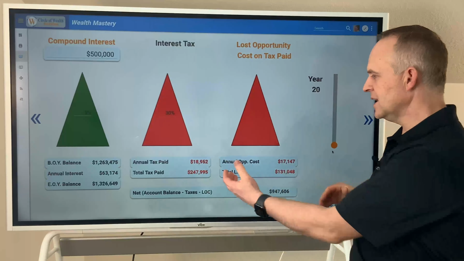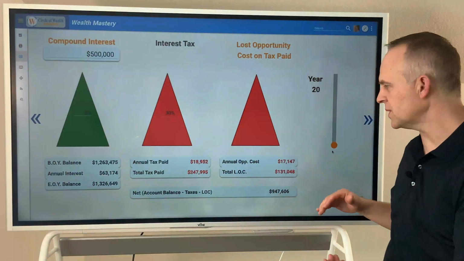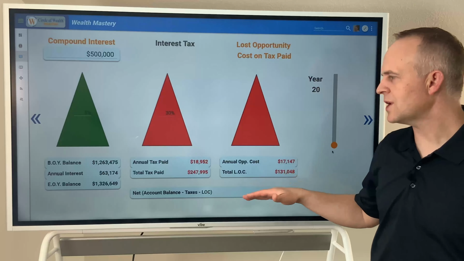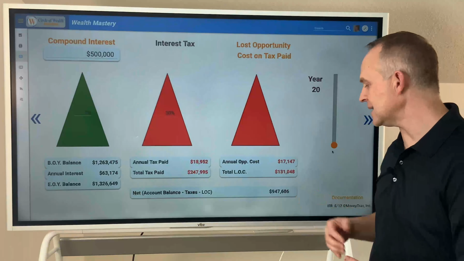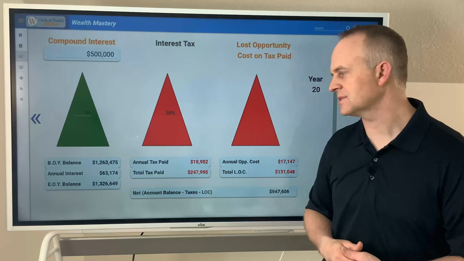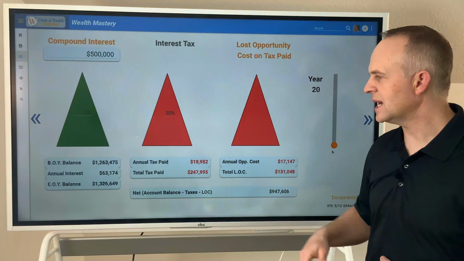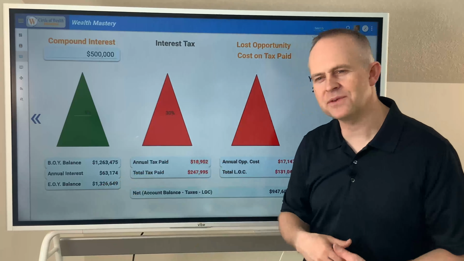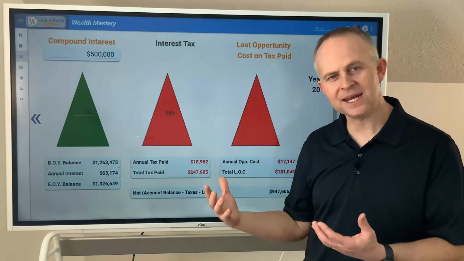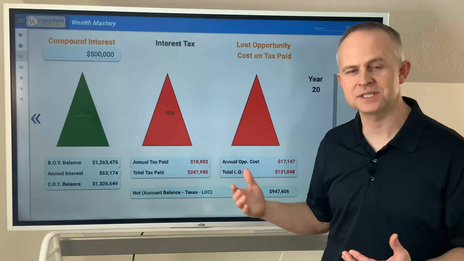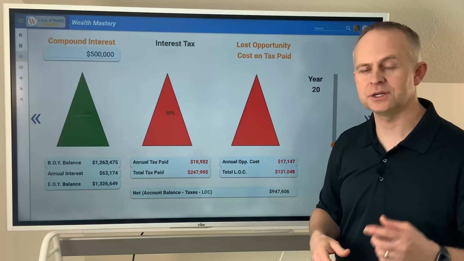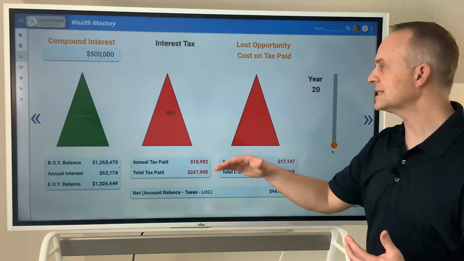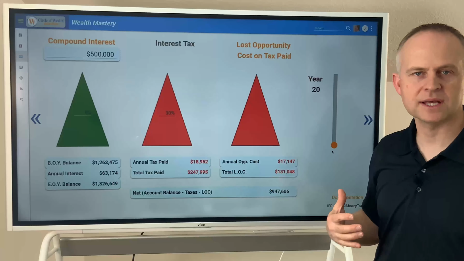So if we take the $247,000 plus the interest that we could have earned, and we subtract that from the $1.3 million, the reality of it is that the net is more like $947,000, right? Because it's not really $1.3 million. We've got to factor in the money that we paid out of our pocket for taxes all those years, and we've got to factor in what that money could have earned all those years. Remember, just a quick review of what's happening inside of the taxable account.